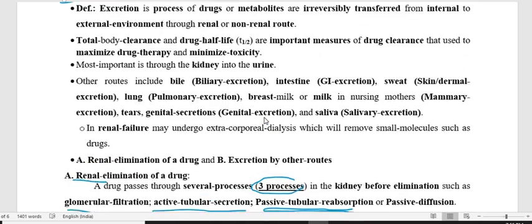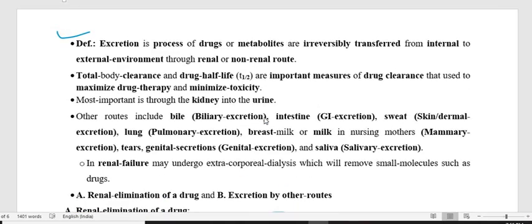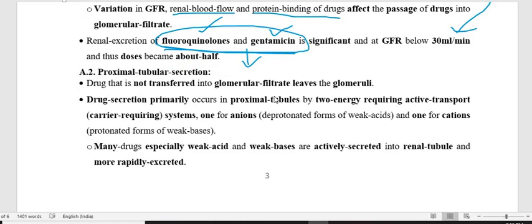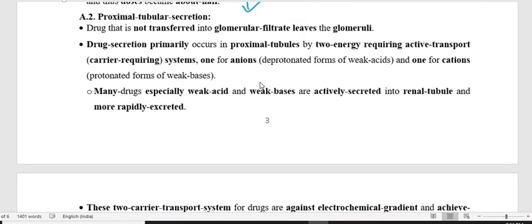Now the second point is proximal tubular secretion of the drug. The second process of drug excretion is the proximal tubular secretion. That is an active process. It requires energy, and it also requires a carrier, which is called a transporter.